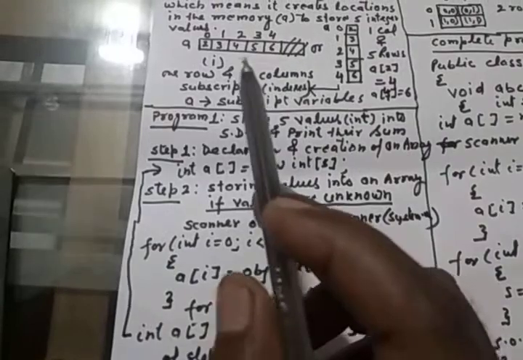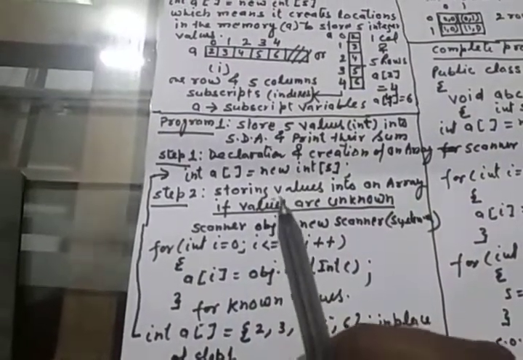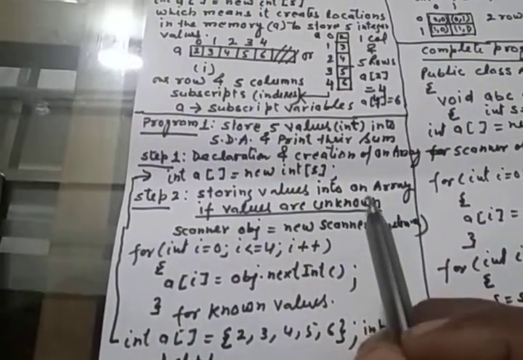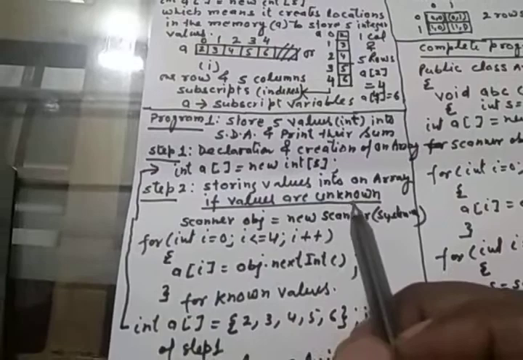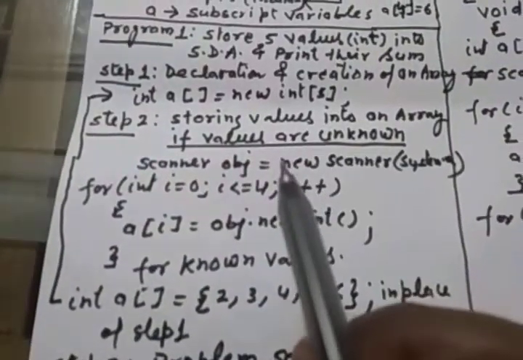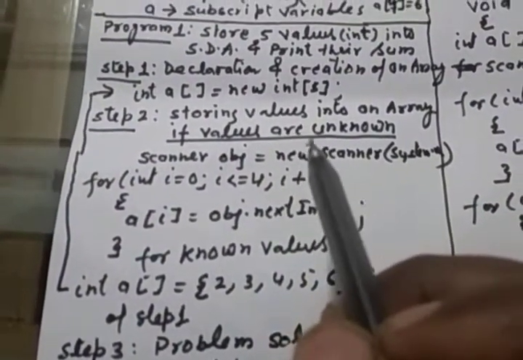After creating 5 locations, we have to store the values into the array, because we have 5 locations. The first location is 0 and the last location is 4. So storing values into an array if values are unknown. This is very important. I have underlined it here. But what is the meaning of unknown? Unknown means if the values are unknown, definitely you will ask for the values from the user.